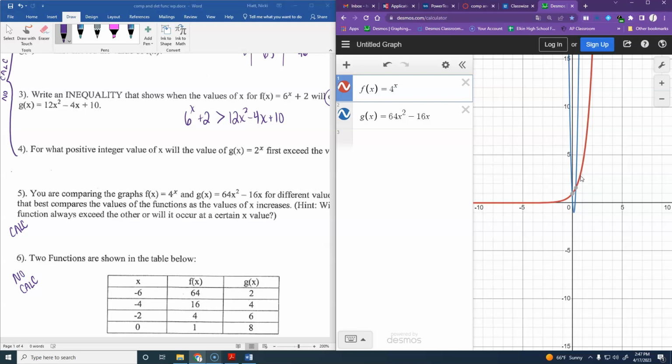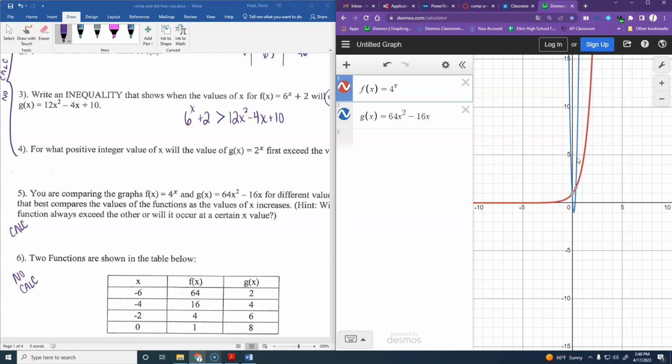So it's going to look like it's going up really fast at the beginning. But eventually, if you go out far enough, an exponential is going to grow faster than any line or any quadratic. So what that tells me is if I'm comparing an exponential and a quadratic, the exponential eventually should be biggest. Okay? Exponential eventually is going to be bigger.